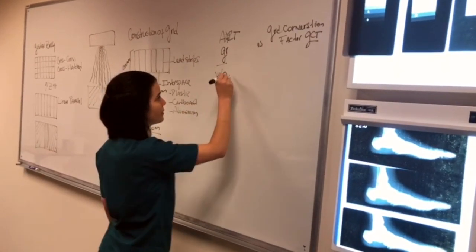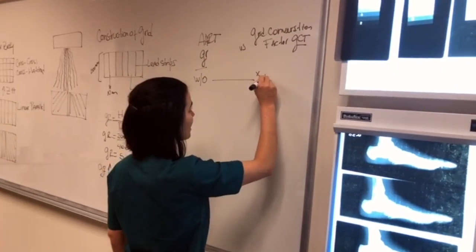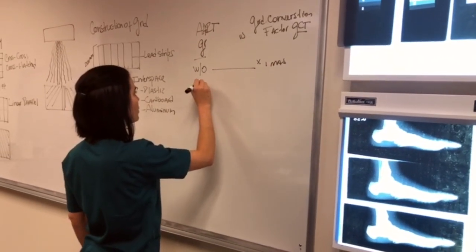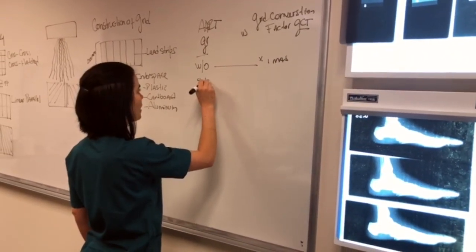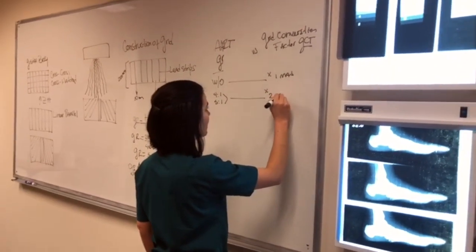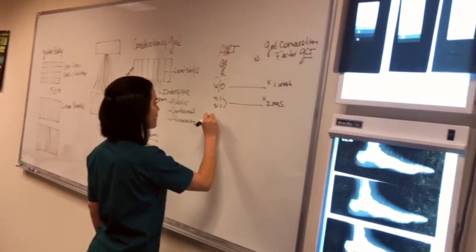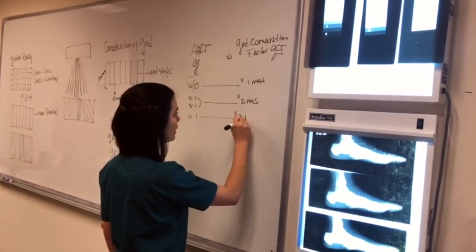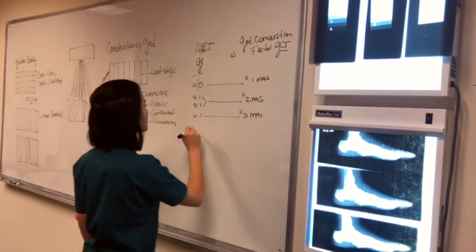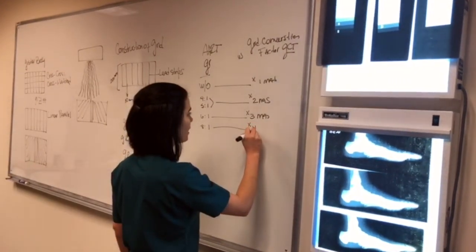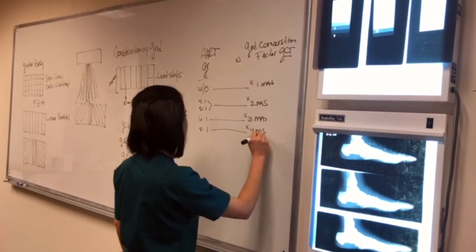Without a grid, we multiply by 1 mAs. With 4 to 1 or 5 to 1, we multiply by 2 mAs. With 6 to 1, we multiply by 3 mAs. With 8 to 1, we multiply by 4 mAs.